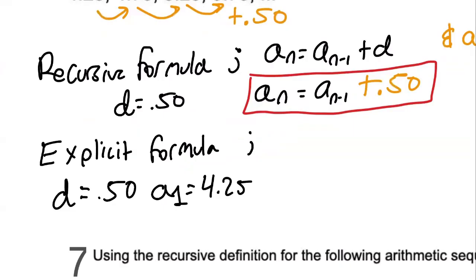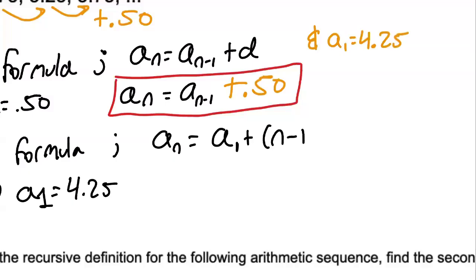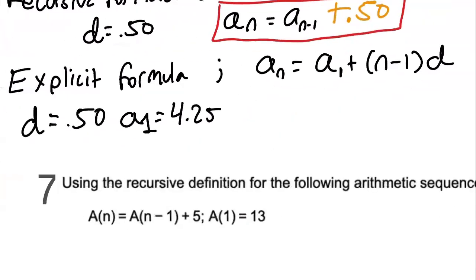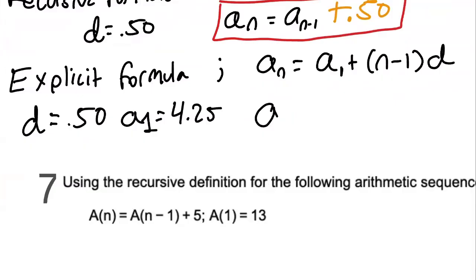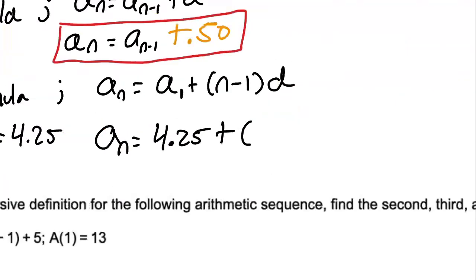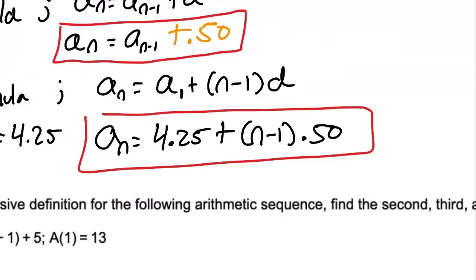So the formula is a sub n equals a sub 1 plus n minus 1 times the difference. So just plug in your numbers. A sub 1 is 425 plus n minus 1 times positive 50, and that is your explicit formula.